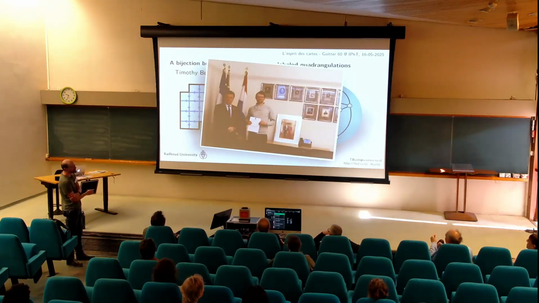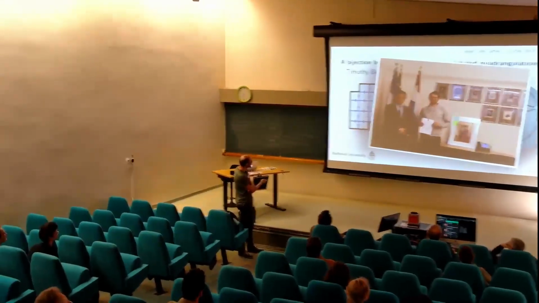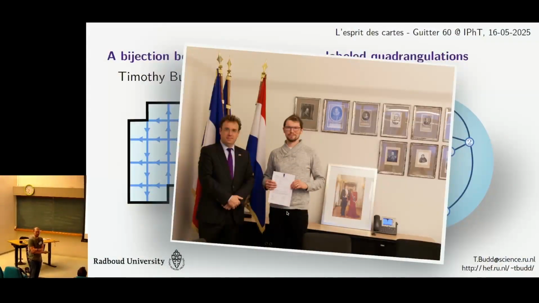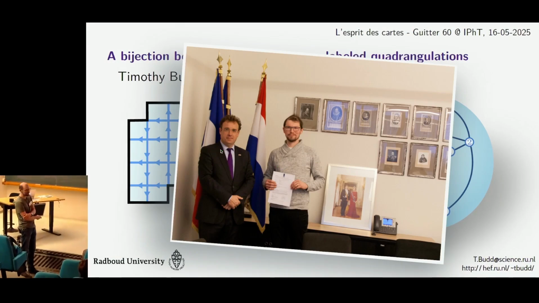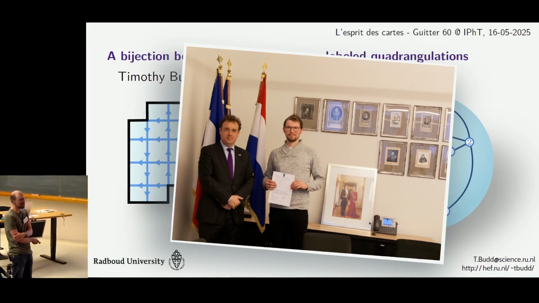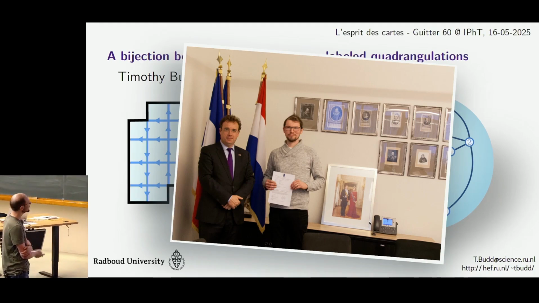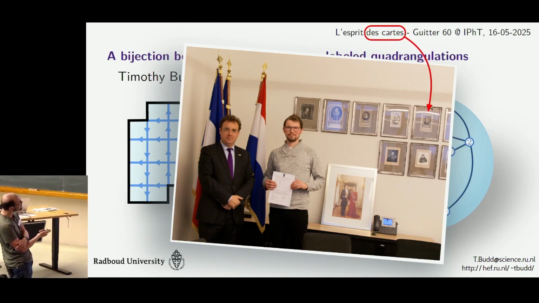So this is me at the Dutch embassy in Paris, receiving my Dutch nationality. Now you may wonder, why do I show this picture? Except that there is this nice Dutch ambassador in the royal family, there was actually another character present approving of me getting the Dutch nationality who is relevant for this conference, because if you squint, up there, it's Descartes.